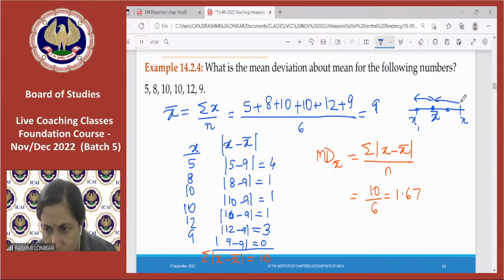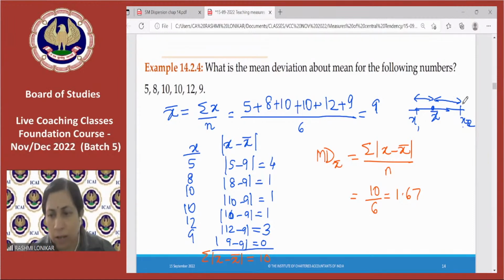I just want to know how far this value x2 is from x bar. I don't want to know whether it is greater than or less than. That is why we are using the mod. x1 here is less than x bar, x2 is more than x bar. But what that means is that from the mean, they are at different distances. So I just want to know the magnitude of that difference.